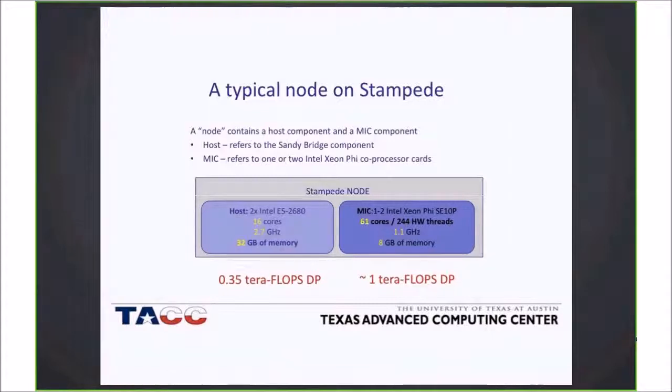Each MIC has 61 cores supporting 244 hardware threads running at 1.1 gigahertz. There are 8 gigabytes of memory. In terms of double precision floating point instructions, the host has about 0.35 teraflops.